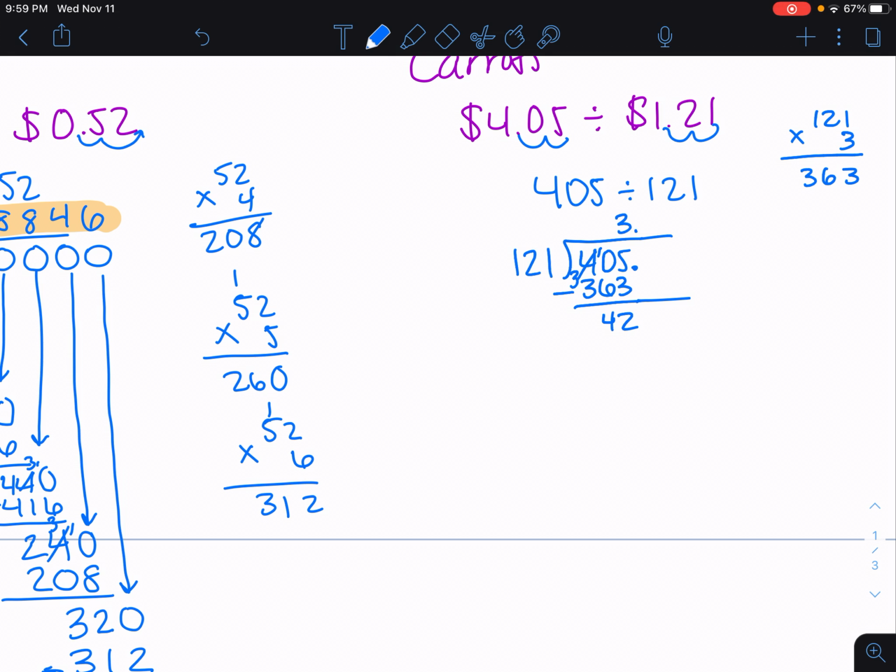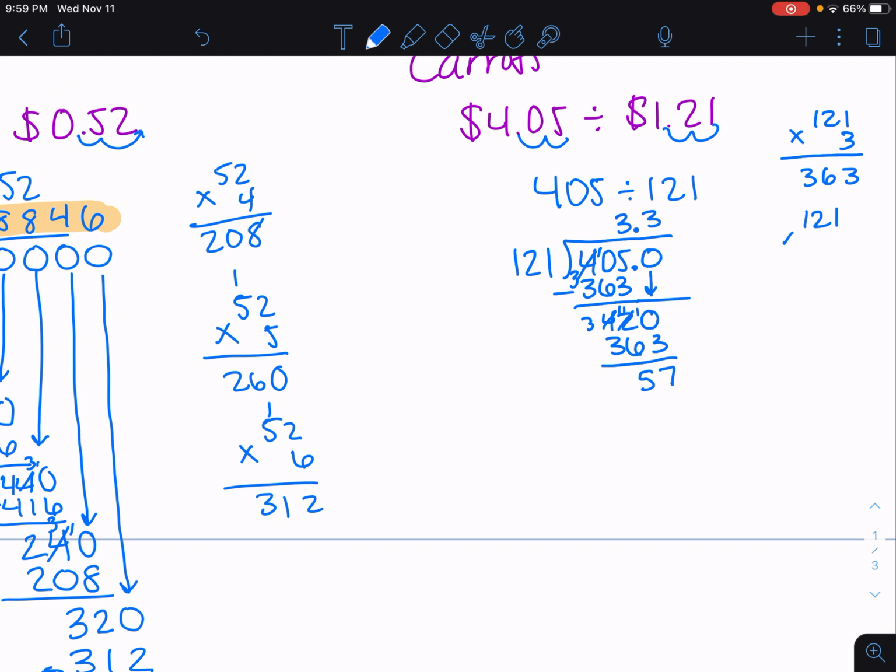And I have to annex my 0 right away to bring it down. 4 is still going to be too big, so we're going to go with 3 again. So 363. 10 minus 3 is 7. 11 minus 6 is 5.